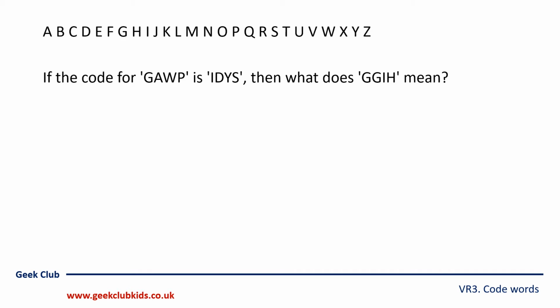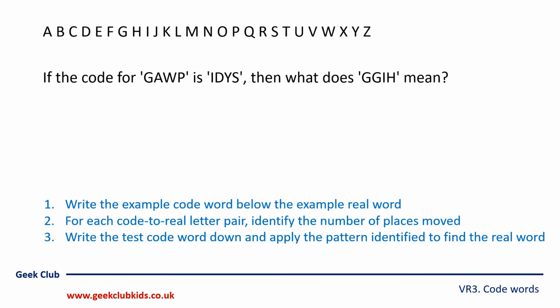We can use a similar process to the previous question. Again, we'll write down the code word below the example real word. So the real word that we're given as an example is GORP, and the code word for that is IDYS.